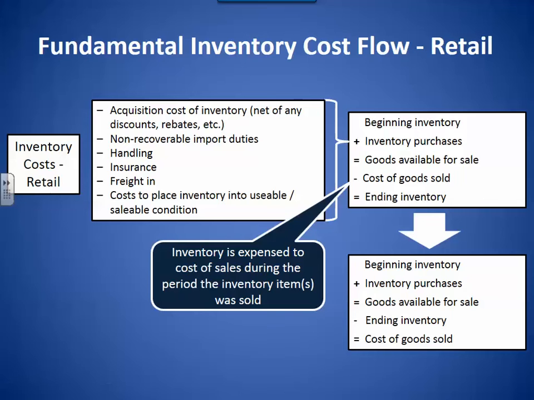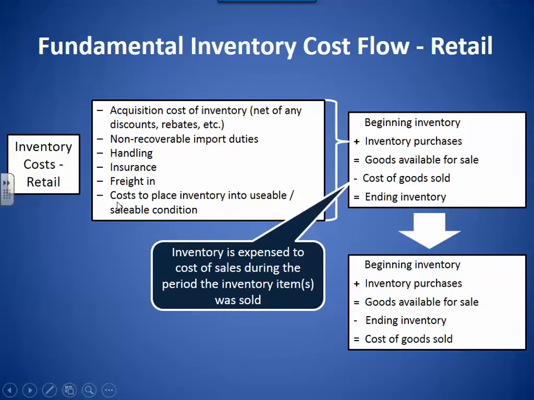If there are handling charges, we add that into our inventory. If there are any insurance charges that result from the shipment of inventory, we add that in. We also add in, and this is very important, the freight in. In other words, the freight that was required to bring the inventory into our place of sale.